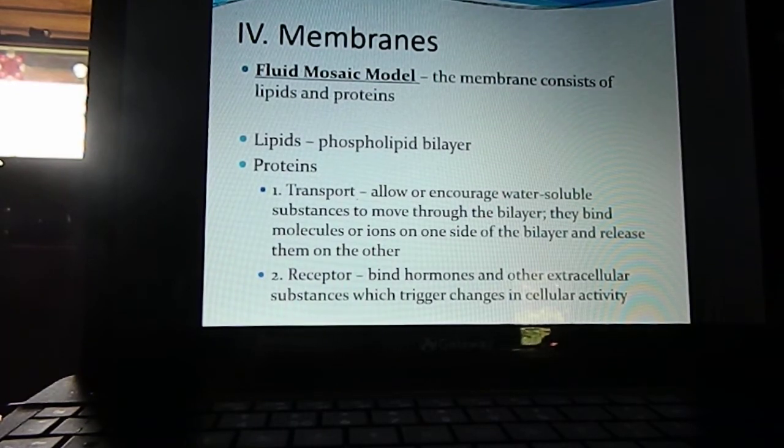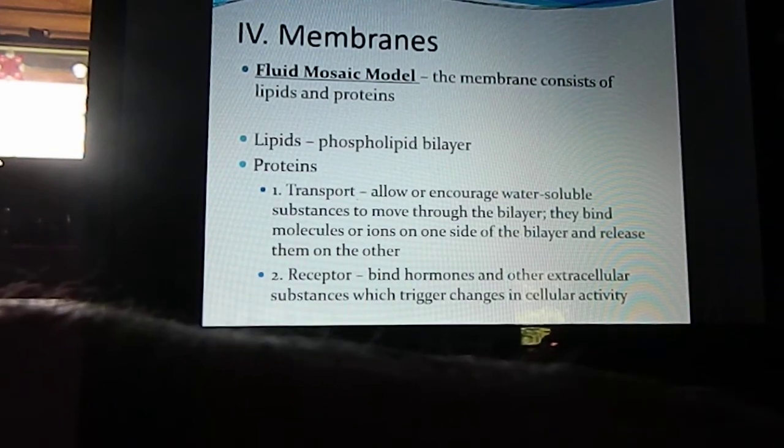So receptor proteins trigger, for instance, changes in mitosis when cell division occurs and things like that. Receptor proteins are like the satellite dishes that are out there recording information and sending it back to the nucleus for action.